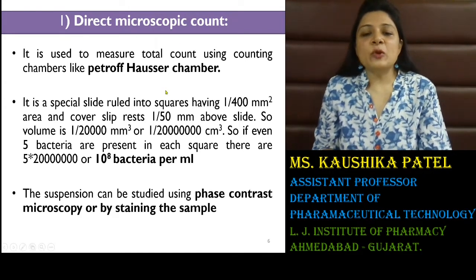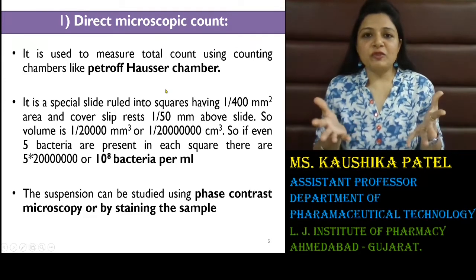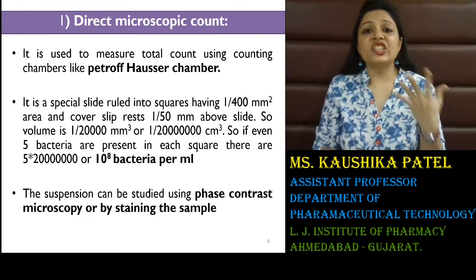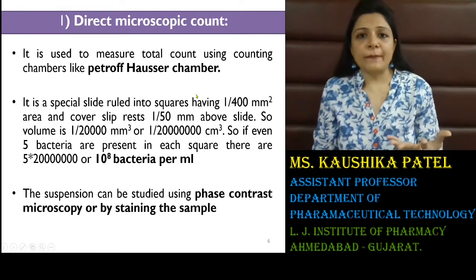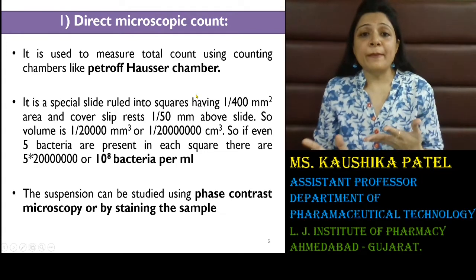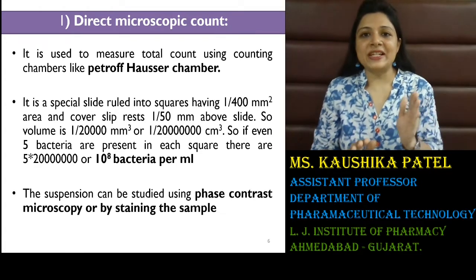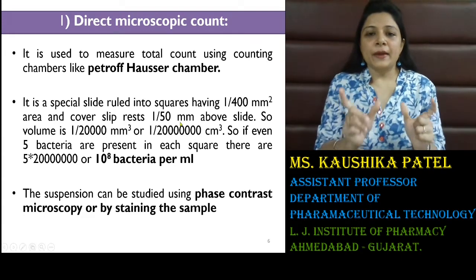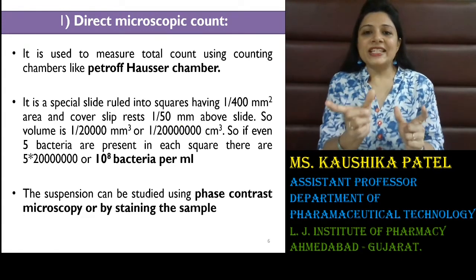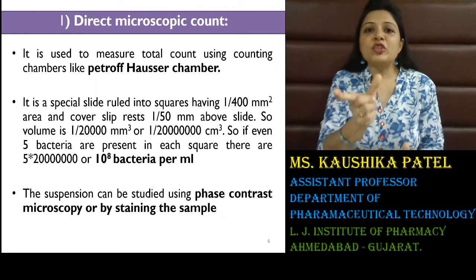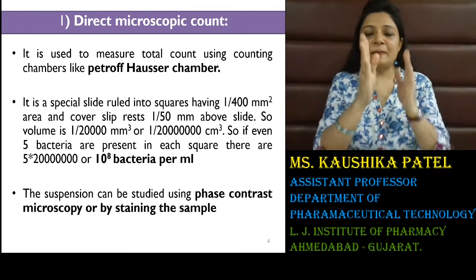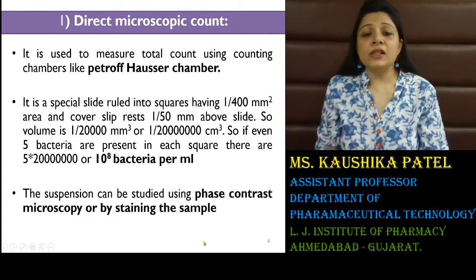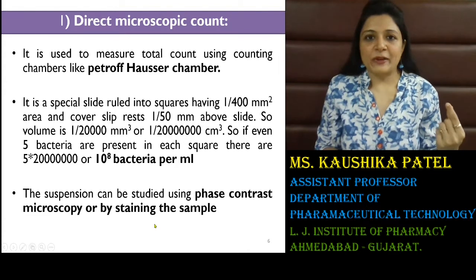First, the direct microscopic count. In this method, you have to use a microscope. To prepare the sample, you need a counting chamber like the Petroff-Hausser chamber, or you can even use a Neubauer chamber, which is used to count the white blood cells in a blood sample. You have to prepare the slide by pouring the diluted sample on the slide, and then you have to observe the number of cells present in the special ruling of those slides, either by staining the sample or by using a phase contrast microscope.